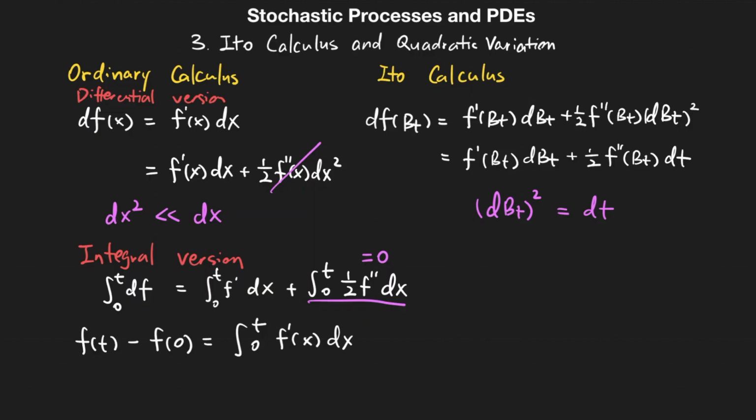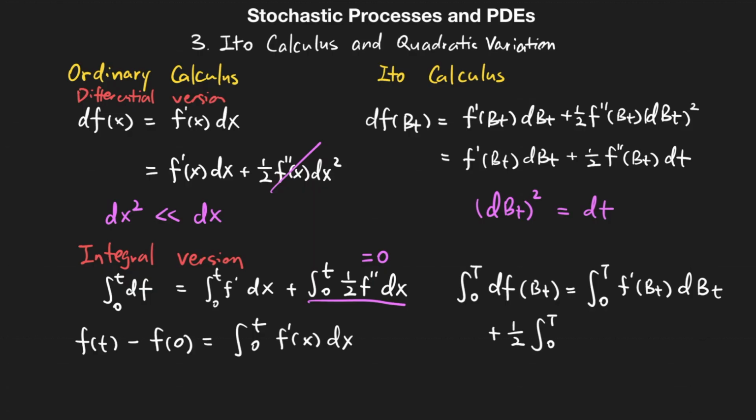Then with Brownian motion, if we look at the integral version of the Ito calculus, we just integrate both sides from 0 to capital T, to distinguish it. We have the integral of df of B_t equals the following.